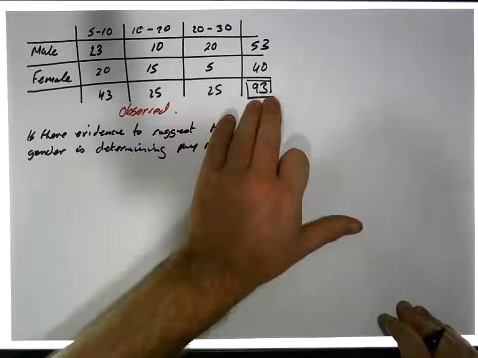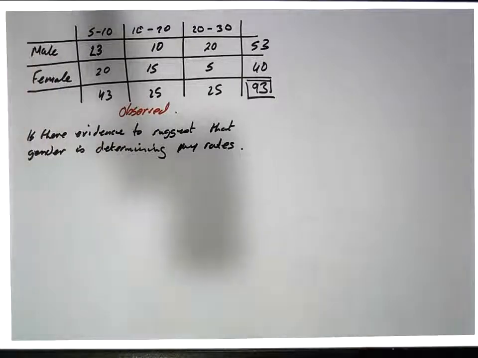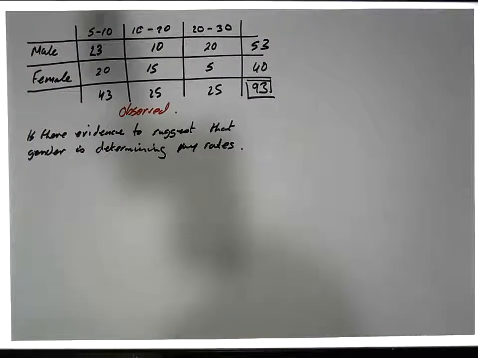We expect the 93 people to be distributed in a fair manner across those particular categories, if that makes sense.